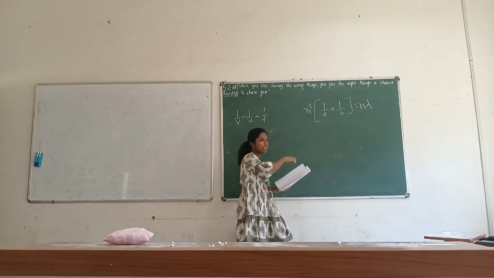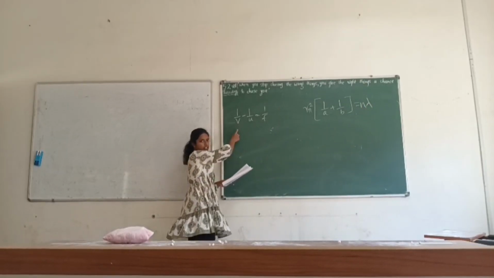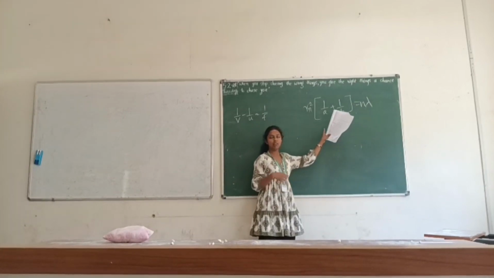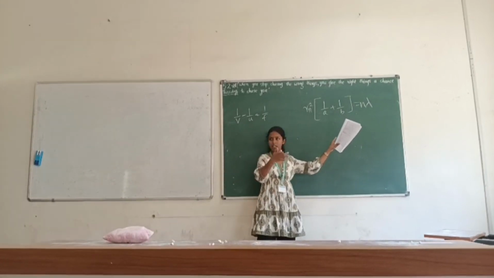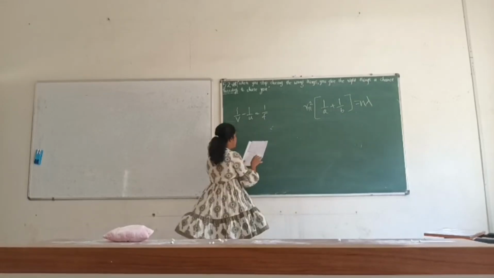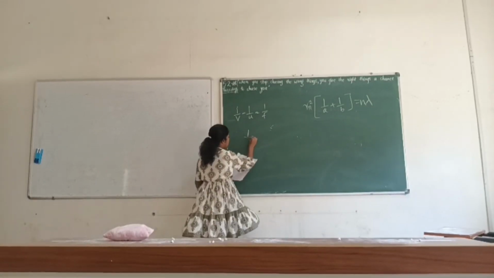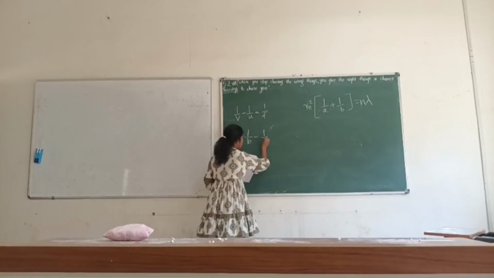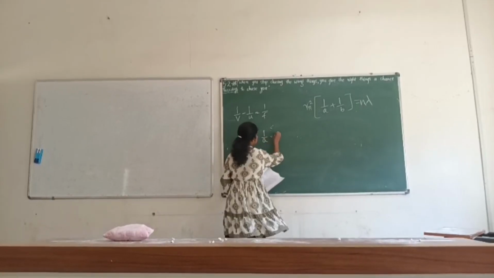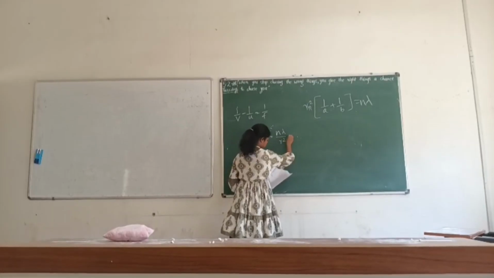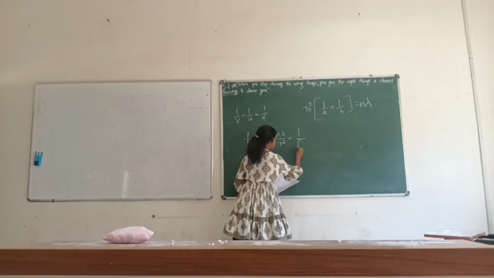This is the general form of this equation, where n takes the values 1, 2, 3, the natural numbers. We can rearrange it into 1 by B minus 1 by A, which is equal to n lambda by R square, which is equal to 1 by f.